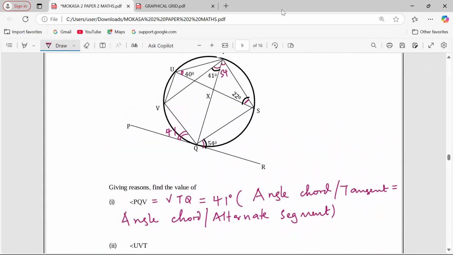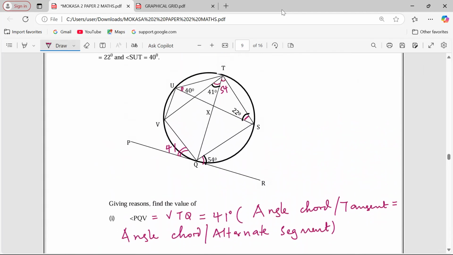UBT. The angle at this point will be equal to 22, according to me, because there's another 22 here. Remember, the angle at V has been produced by UT. UT produces the angle at V, and UT has also produced an angle at S equal to 22.